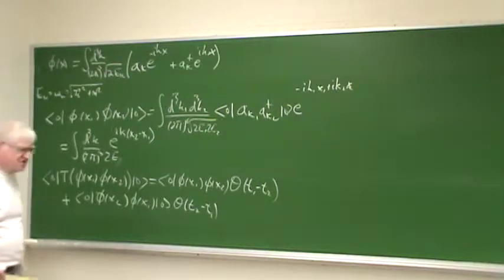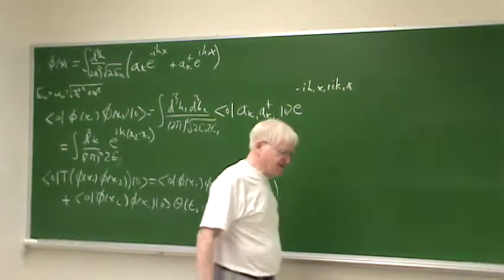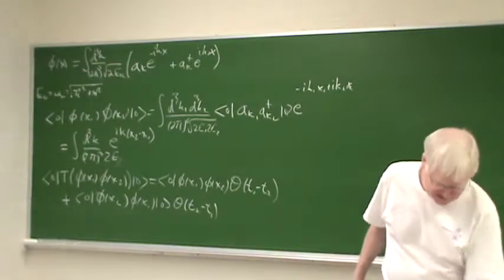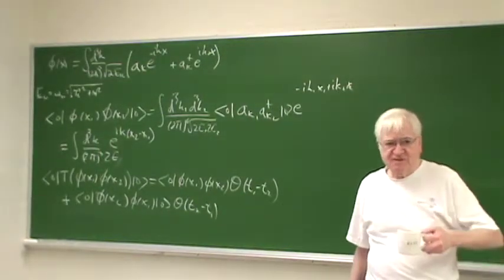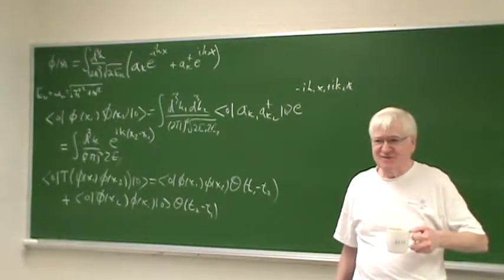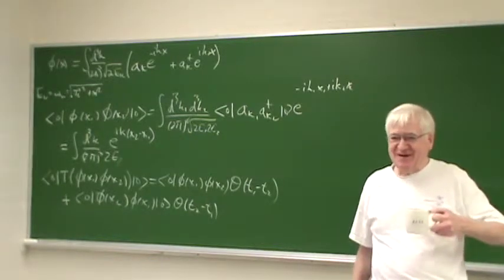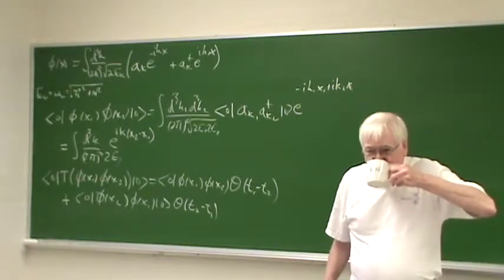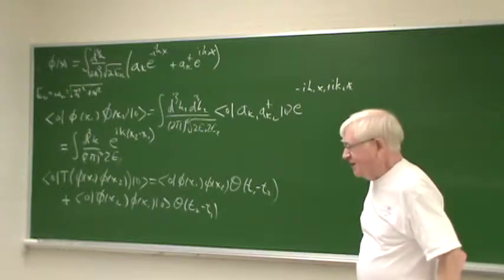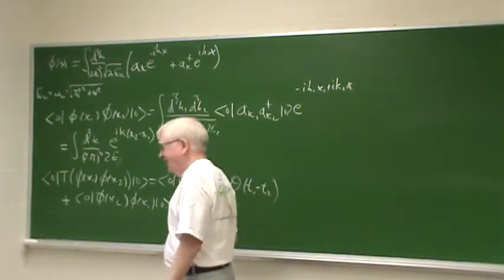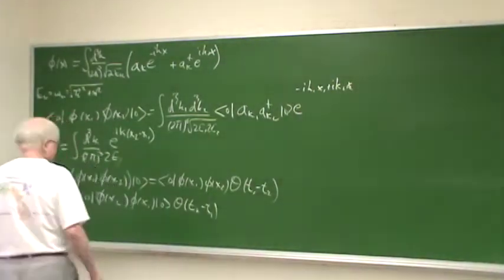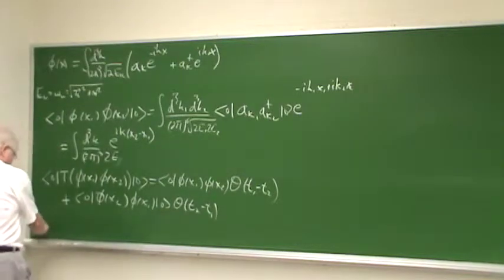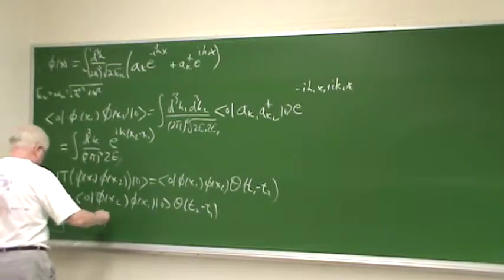And of course the theta function is named after Heaviside, who was a British mathematician, possibly Scotch, I don't know, these days we have to be careful. Anyway, I always think this is such an appropriate name because the function looks like that.